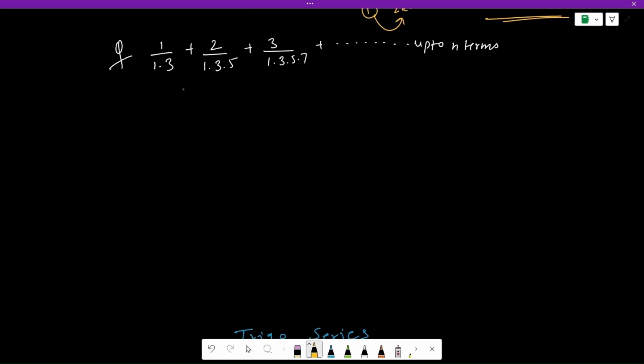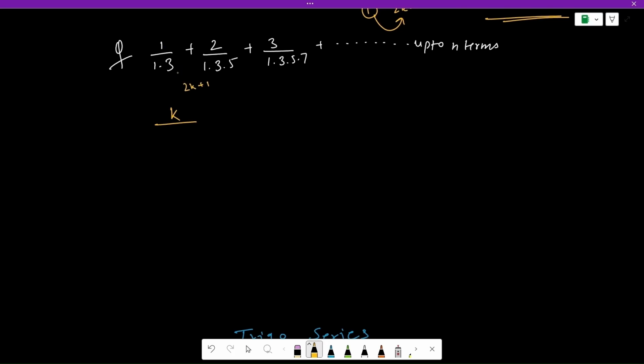So the general term will be, let's say, k divided by... now we have 1 in the numerator, then we have two terms in the denominator. So if we have k in the numerator, we will have k plus 1 terms in the denominator. And what will be the last term? The last term is, as you can see here, 2k plus 1.